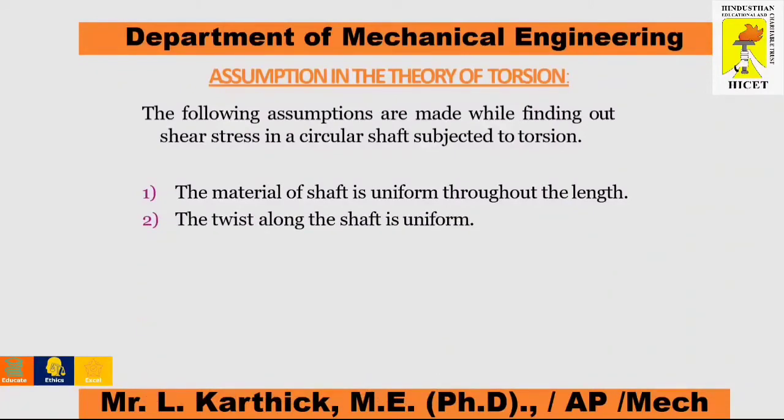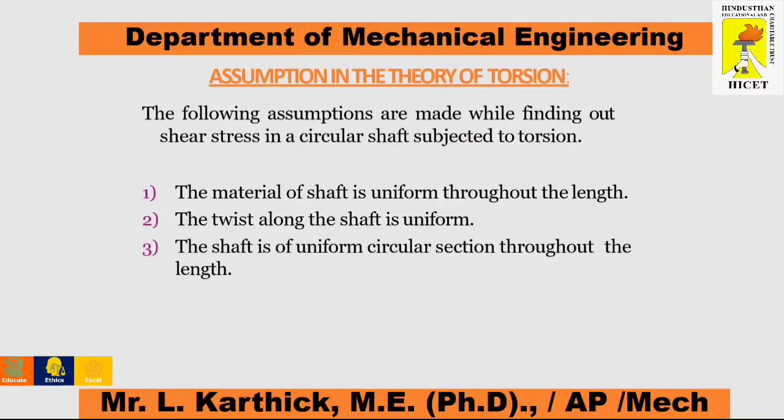The next one is that the twist along the shaft is also uniform. Once we apply a load or a couple, the twist will happen uniformly throughout the shaft. The next one is that the shaft has a uniform circular section throughout the length, without any deviation.